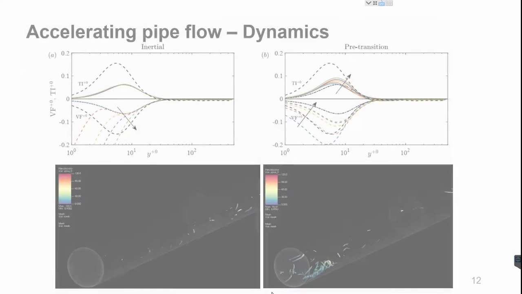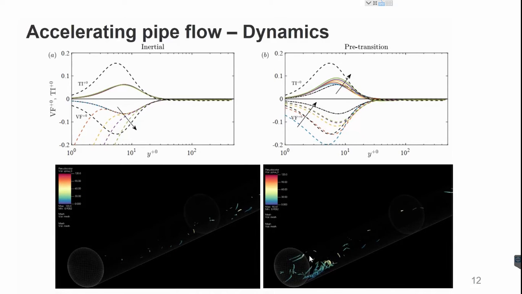So another way to understand this is by analyzing the viscous force and the turbulent inertia, which are some terms of the mean momentum balance. And the viscous force is just the gradient of the viscous stress in the wall normal direction. And the turbulent inertia is the gradient of the Reynolds shear stress in the wall normal direction.